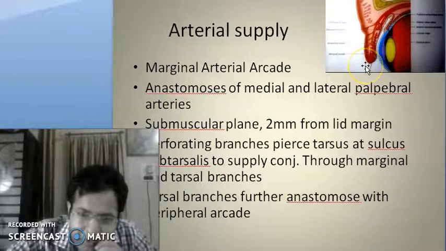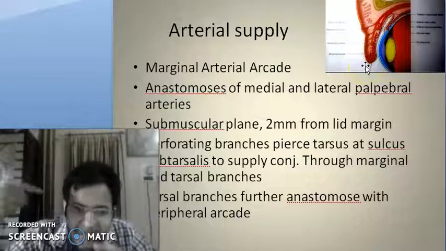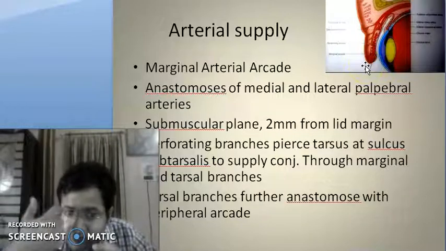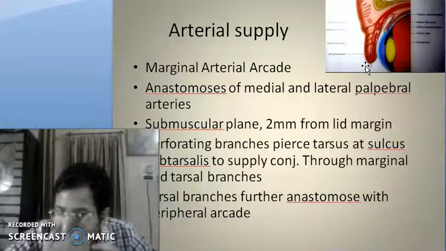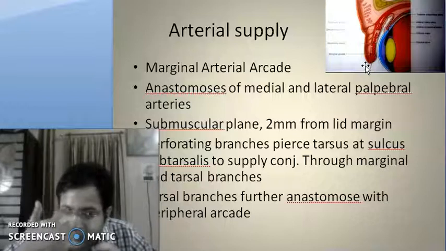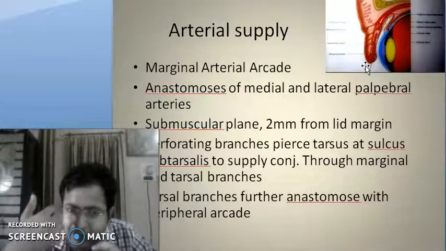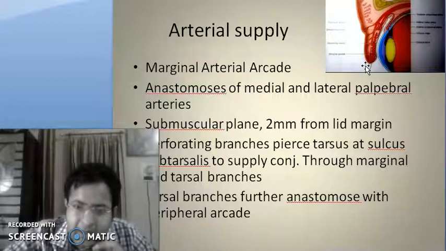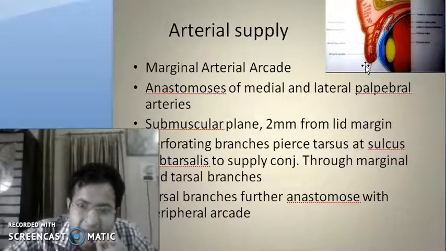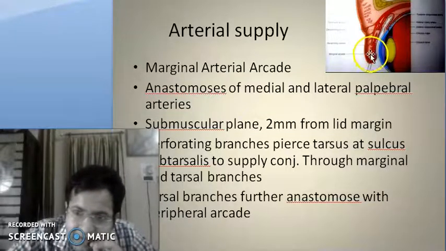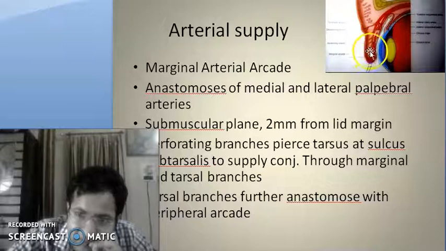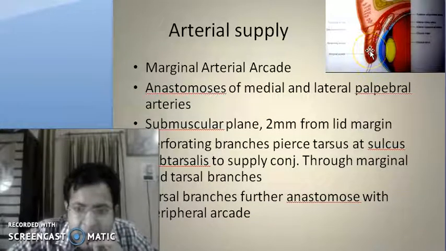It is formed by the anastomosis of the medial palpebral artery and the lateral palpebral artery. The marginal arterial arcade is present in the submuscular plane below the orbicularis oculi, 2 mm from the lid margin, almost in this area.